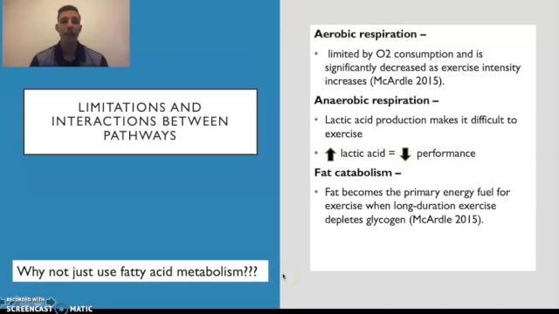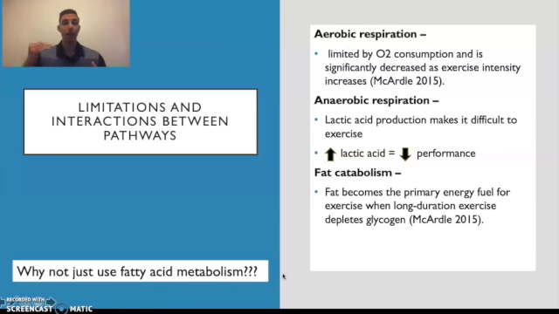And lastly, the limitations and interactions between the two pathways. The cellular respiration pathway, specifically the aerobic respiration portion, or the glucose breakdown when oxygen is present, is obviously limited by oxygen consumption. So we talk about exercise intensity.